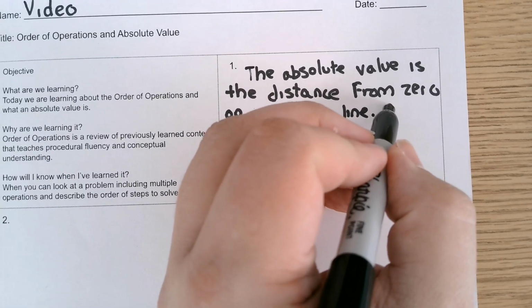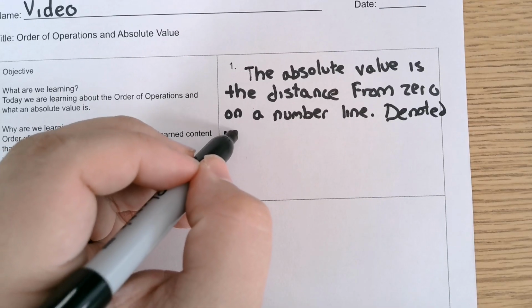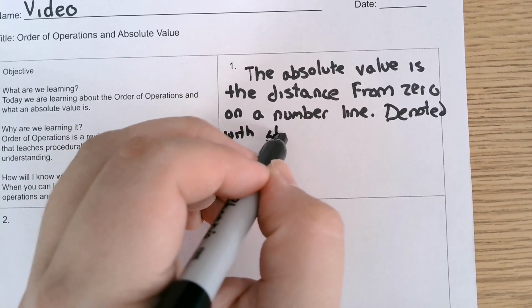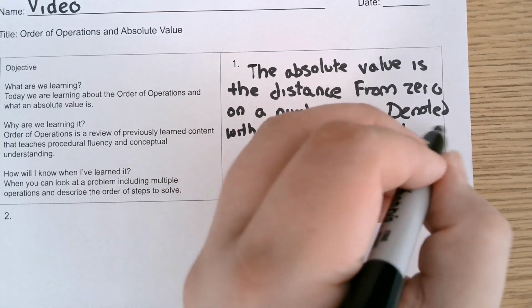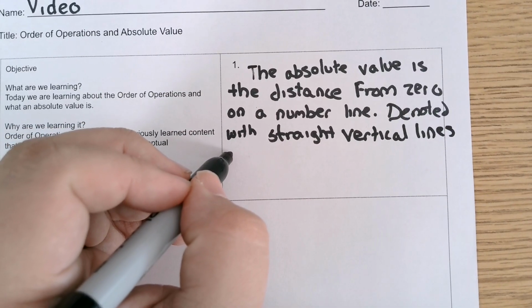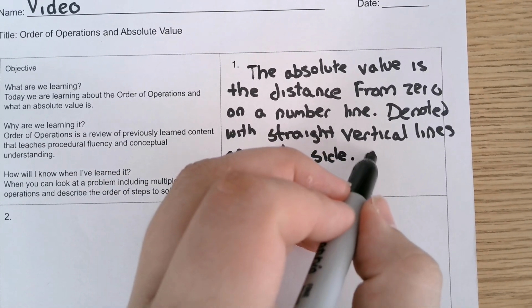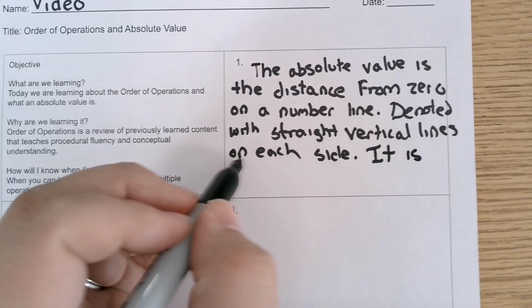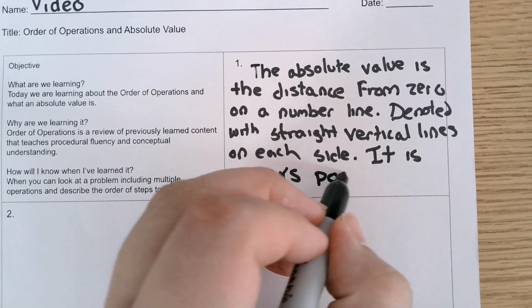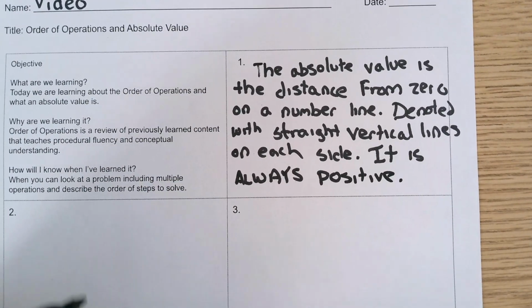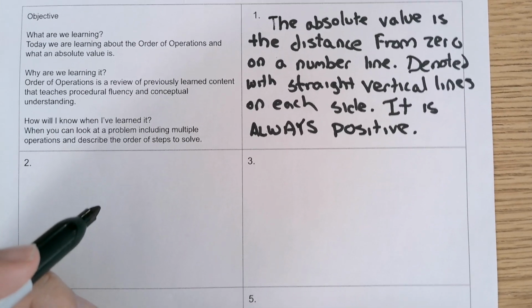It's denoted with straight vertical lines on each side. It is always positive. Okay? So, take a second and pause if you need to write that down.